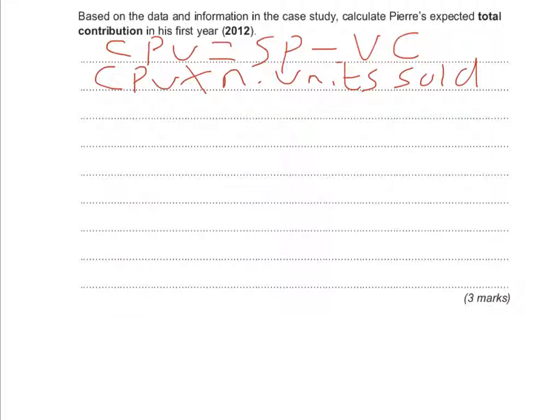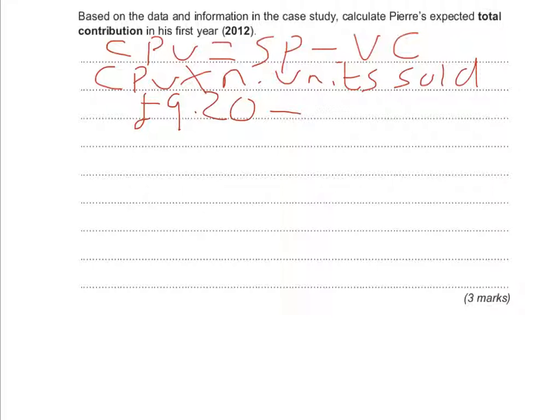I have warned you in lessons that sometimes you have to look outside of the data tables to find all of the information, whether that's quantitative or qualitative. So let's now work out the contribution per unit for Pierre's t-shirts. Okay, so as we said, contribution per unit is the selling price, which is £9.20 as stated in figure 1, minus the variable costs.